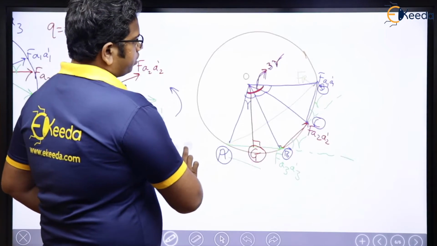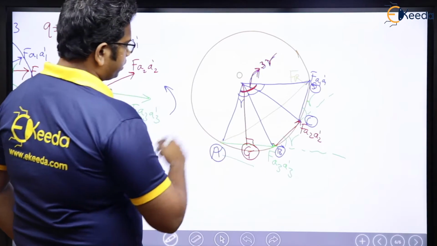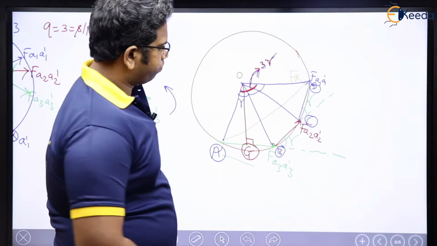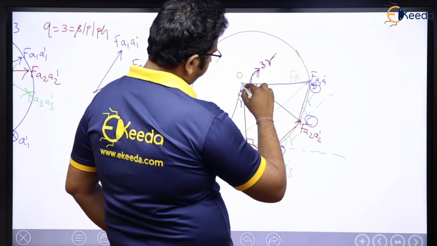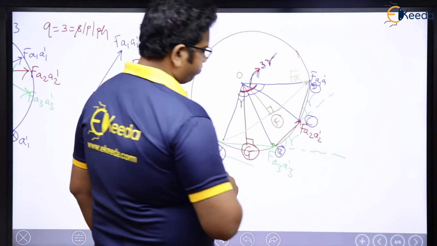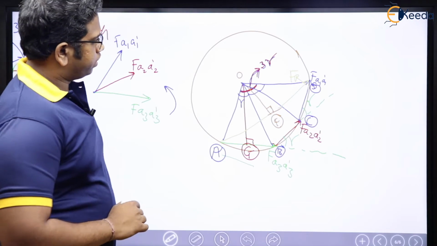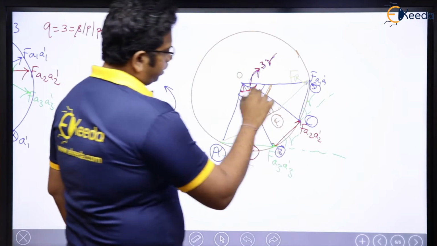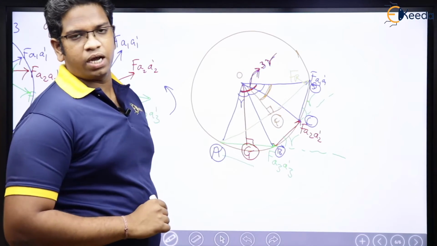See here. Now, what is there? Let me consider this one. Let me drop a perpendicular from here to here, and call this point F. Now see here, what is this angle? This angle is nothing but half of 3 gamma.